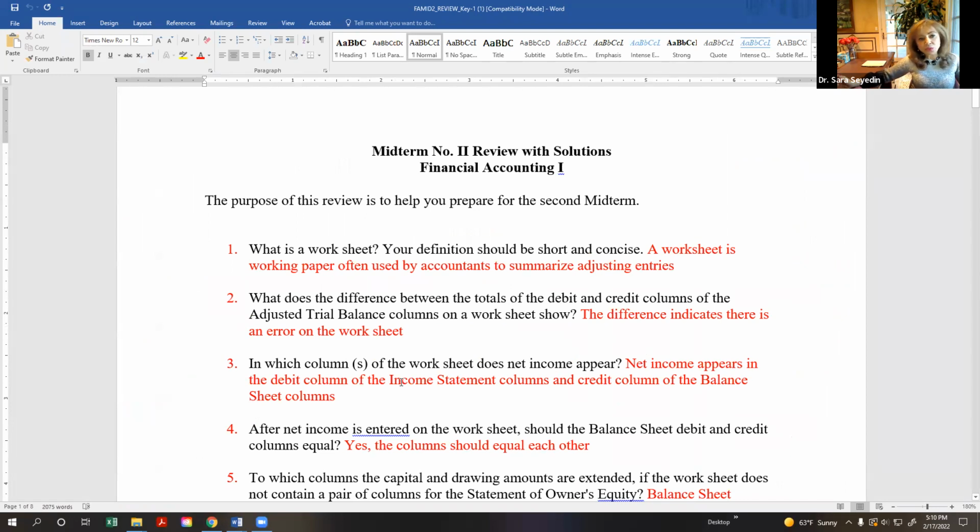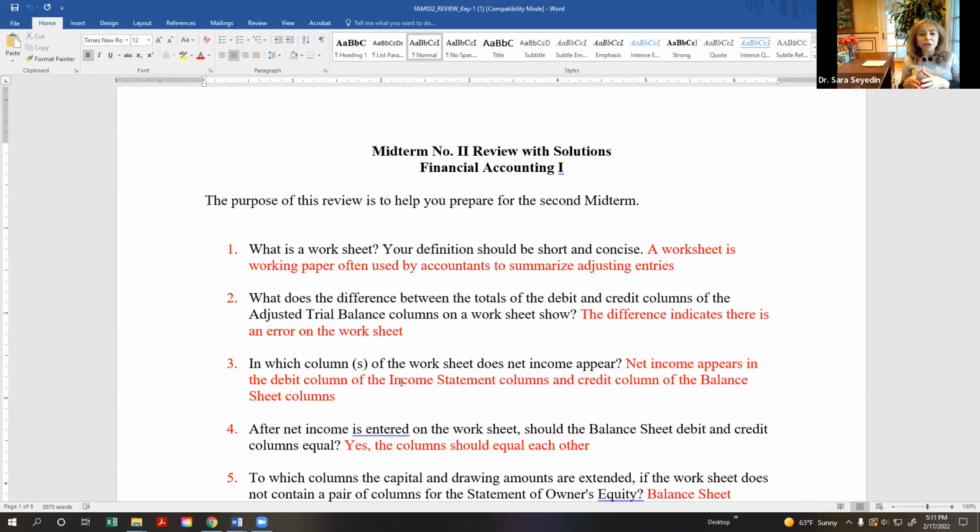Okay, what is a worksheet? A worksheet is a working paper often used by accountants to summarize adjusting entries. Now on the midterm, the question is the same, but the answers will be in multiple choice format.